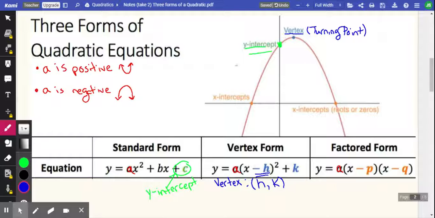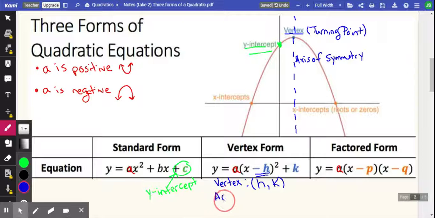The other thing that the vertex form can help us easily find, and it's not on this picture, so I'm going to draw it in, is the axis of symmetry, which should be a straight vertical line that cuts your parabola in half. Mine's a little bit wonky, but that's just my writing program here. So it helps us also find the axis of symmetry, which we looked at another way last week as well.